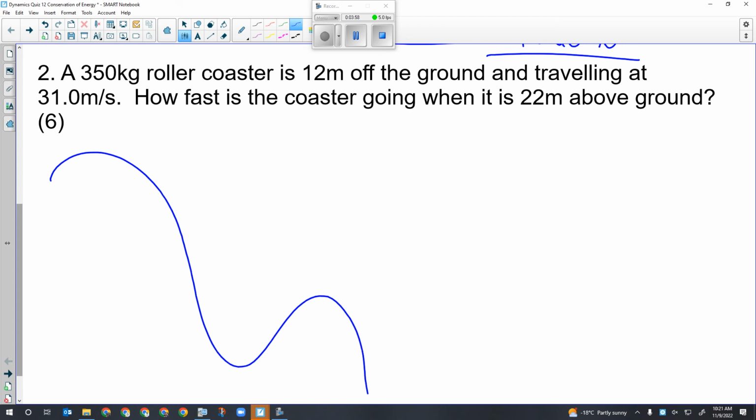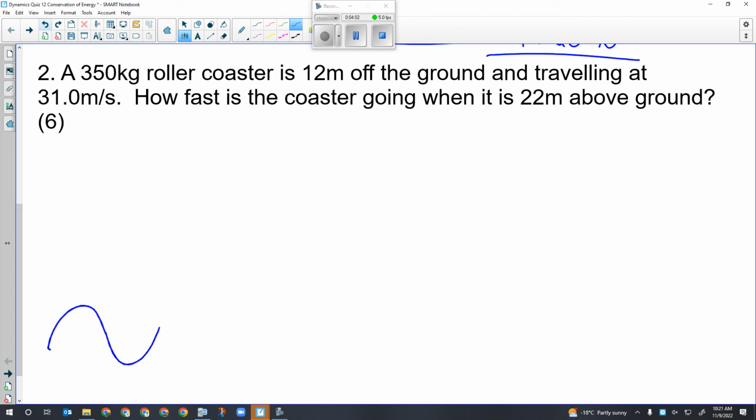Whoop, I drew that backwards. Never seen a roller coaster that goes like that. There must be part of it we're missing over here that would be much higher. So a 350 kilogram roller coaster is 12 meters off the ground, moving at 31 meters per second.